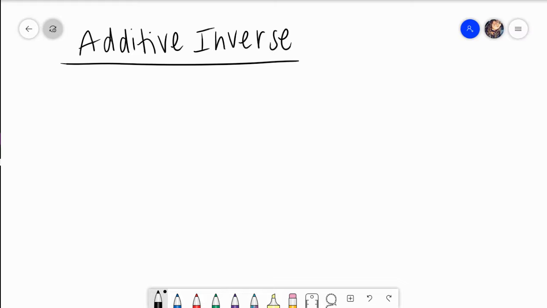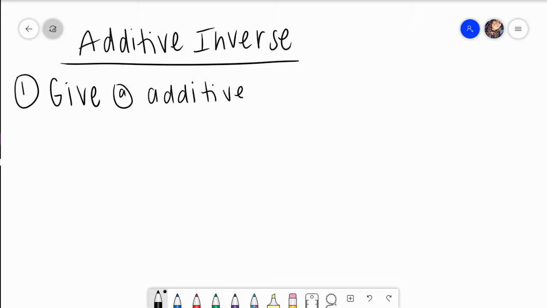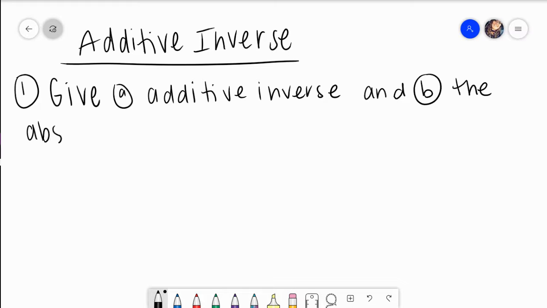The first part will be to give the additive inverse, and the second part will be to give the absolute value of a number. And the number that they give us is 6.